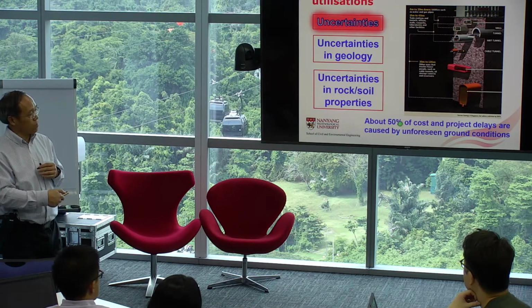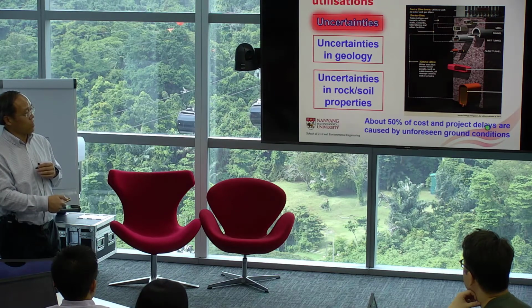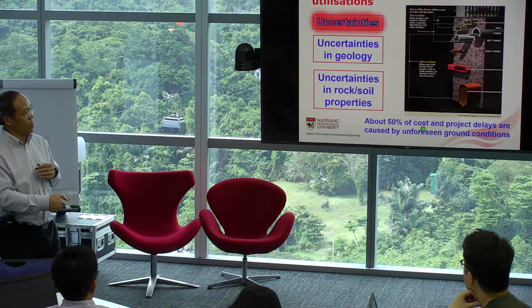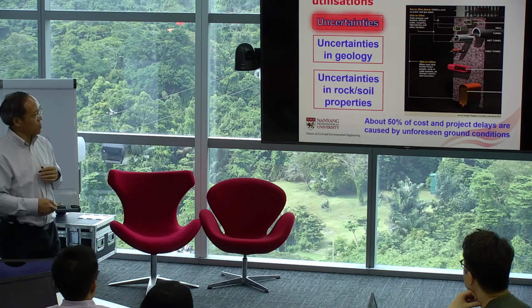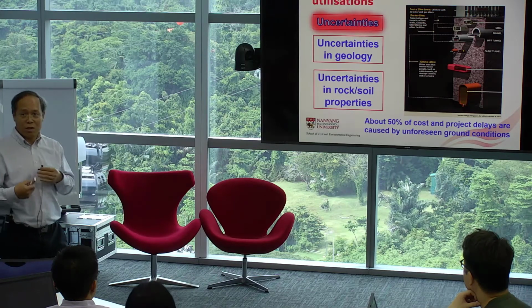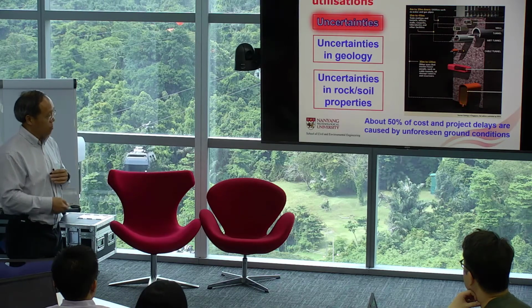Based on the report from the ICE London, they experience the same problem. About 50% of the cost of project delays are related to unforeseen ground conditions. So now the task is how to reduce the uncertainties in the ground model or in geology.